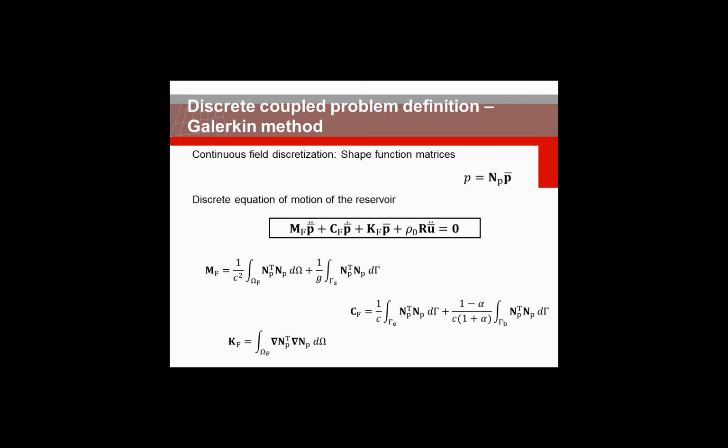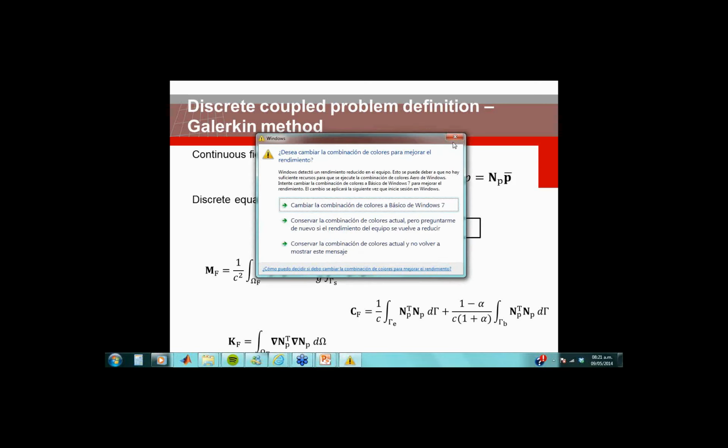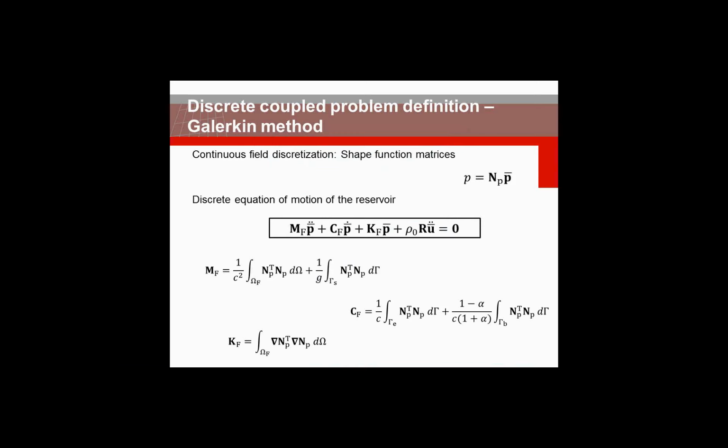But when we do finite element method, we want to get a discrete definition of the problem, and for that we use different procedures like the Galerkin method, for example, to transform this point-by-point definition of the equation into a volume or body equation in a general way.